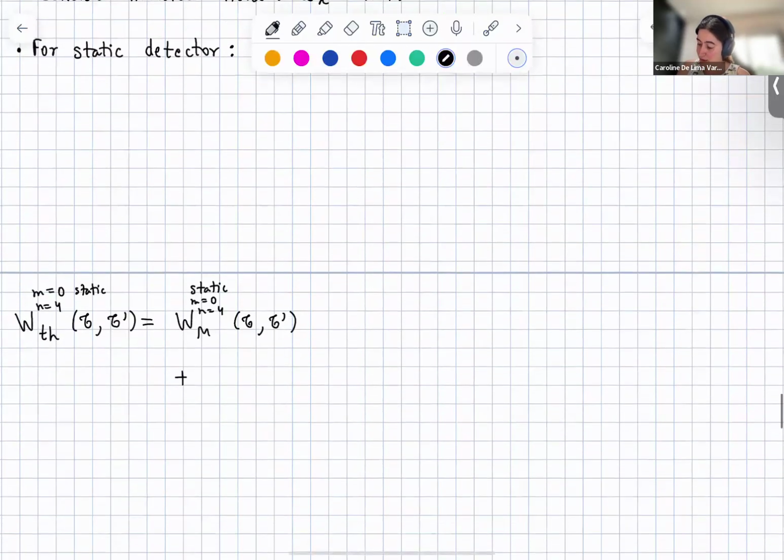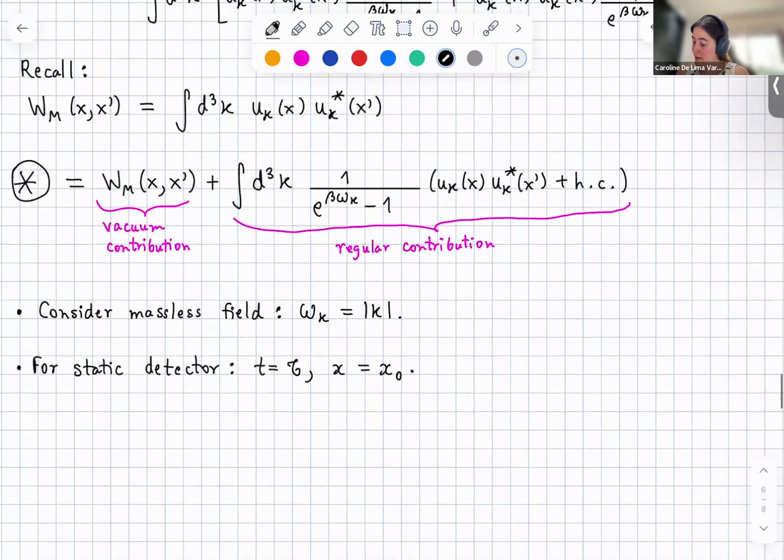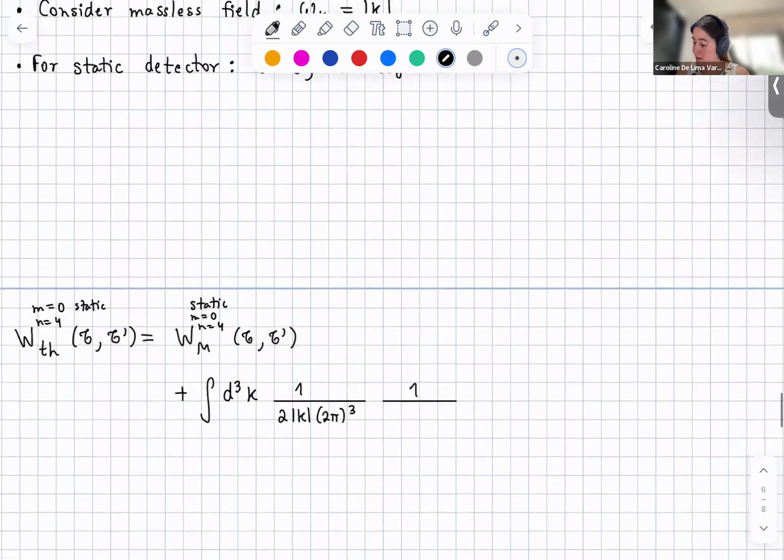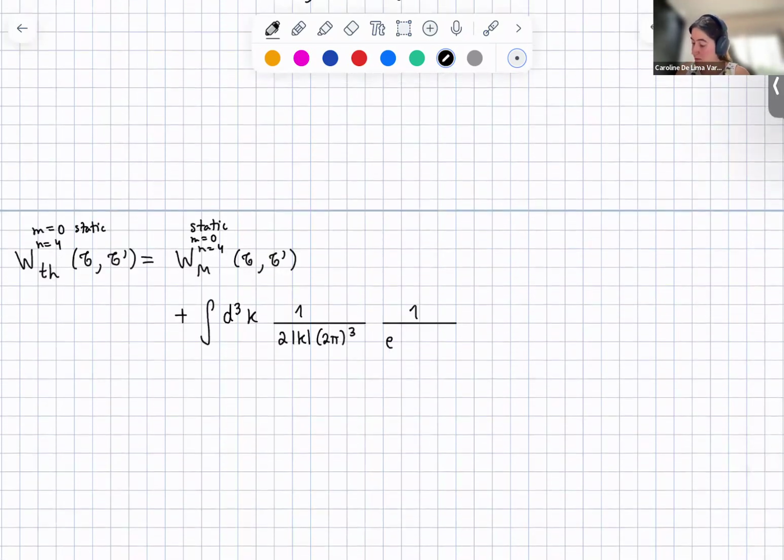So let's just plug in the terms. We have d3k, and then a term of 1 over 2k (2 pi) cubed that comes from the modes. Then we have the Planckian term, which is 1 over e to the beta k minus 1, exactly.